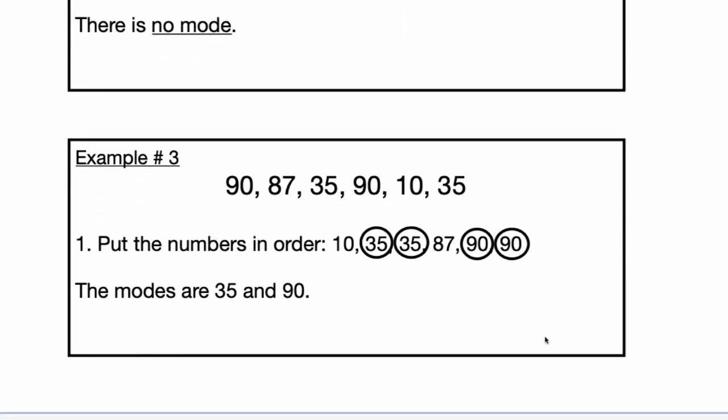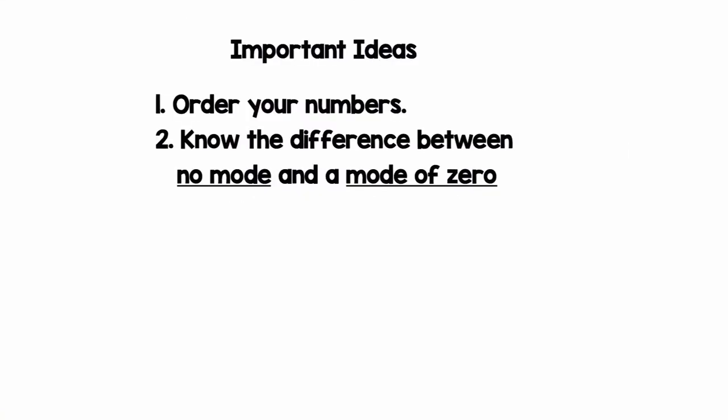And finally, in example 3, as we line them up, we see that we have 2 35s and 2 90s, so there are actually 2 modes, 35 and 90. So the important ideas here are, number 1, you need to order your numbers, mostly just to make sure you don't miss anything or not count enough numbers. And number 2, you need to make sure you know the difference between no mode and a mode of 0.